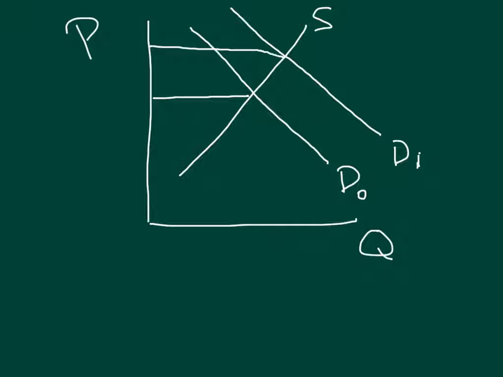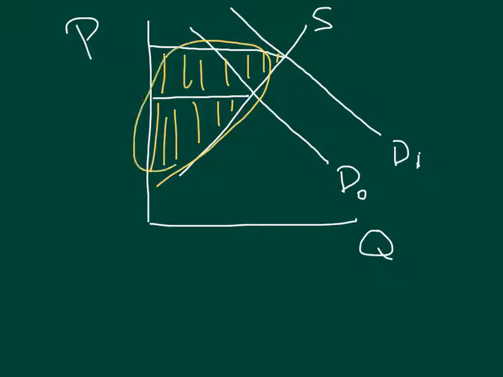If you think of it, this was the original supplier surplus. Afterwards, we have all of that original plus all of this up here. So this total region has increased. And the reason is because the suppliers have been able to charge a higher price because of effective advertising, etc., that shifted out the demand curve.